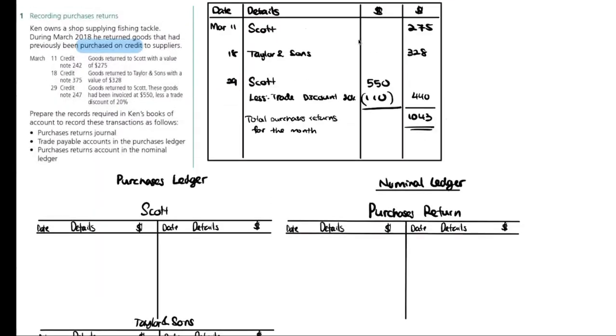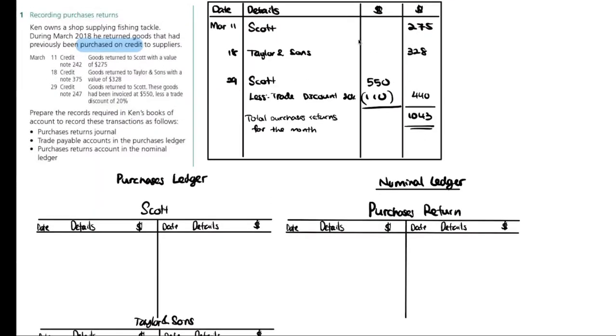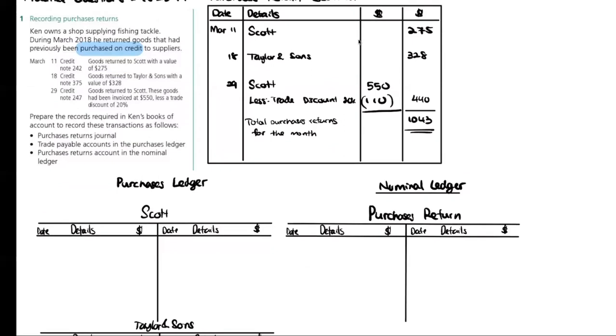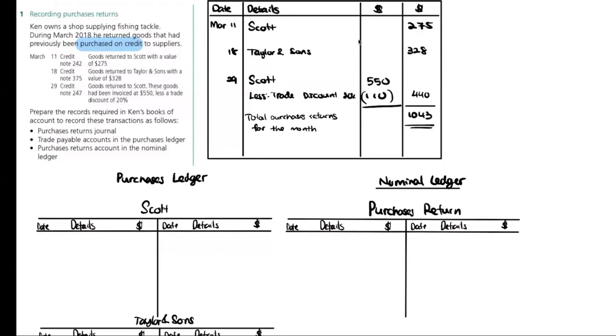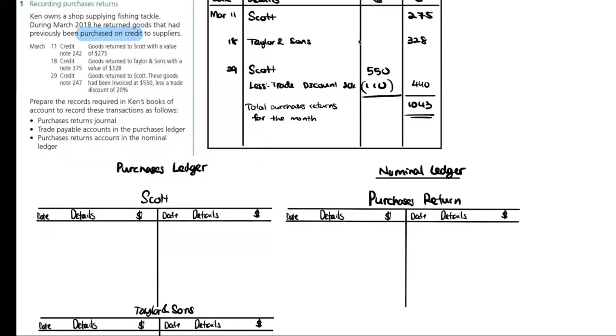For Scott, since it is a purchases return, it means that it's a decrease in trade payable. The purchases return will act as a decrease in trade payable, so it will be on the debit side of the trade payable account. So it means that we have a lesser liability. So 275 here, I'm going to write purchases return, on March 11.